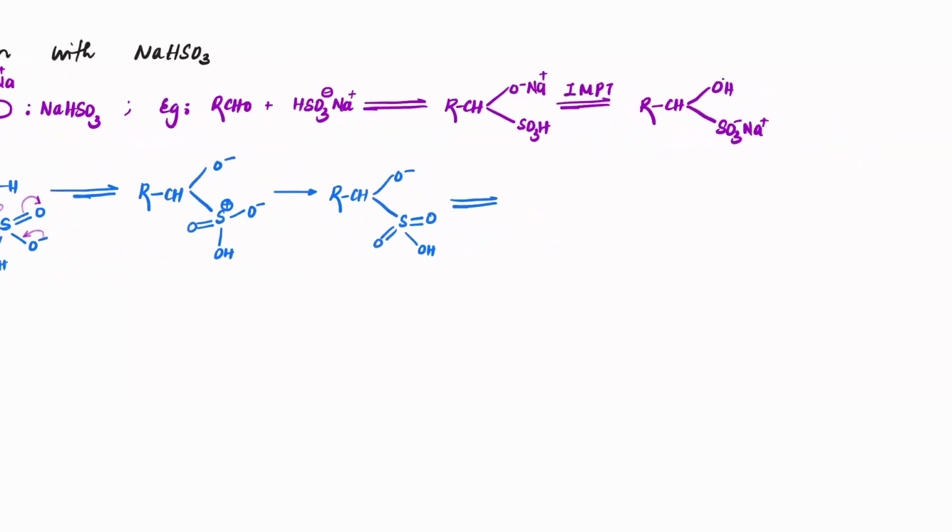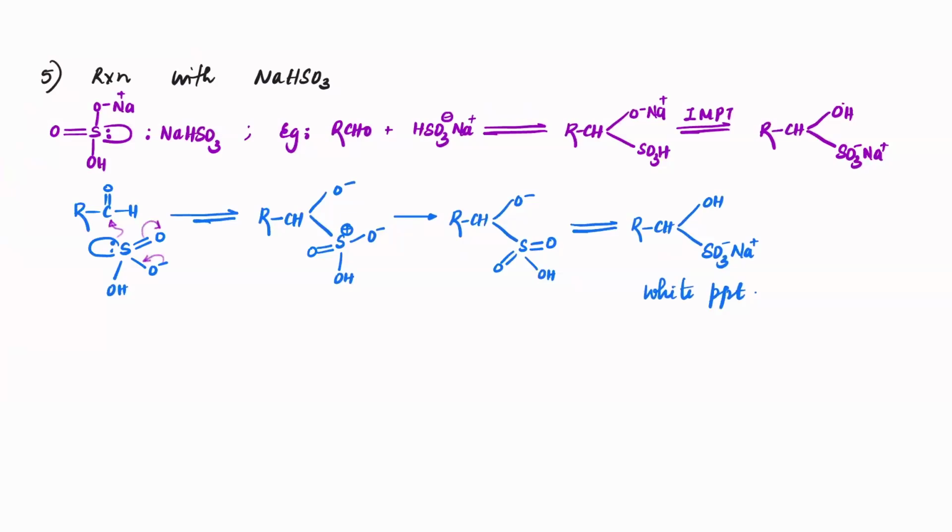The sulfonic acid problem here is that we have an internal acid base reaction. So that will make this RCH OH and SO3 minus, and since sodium is present in the solution, it will appear like a white precipitate. That's how you get this white precipitate.